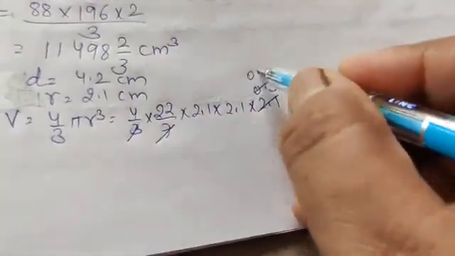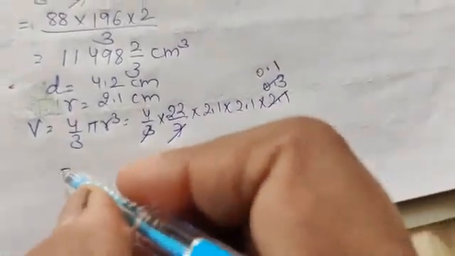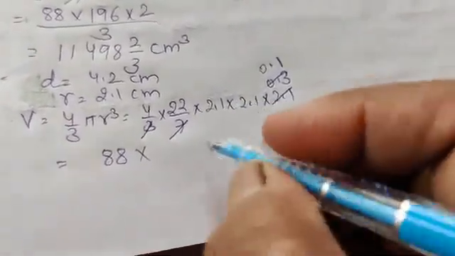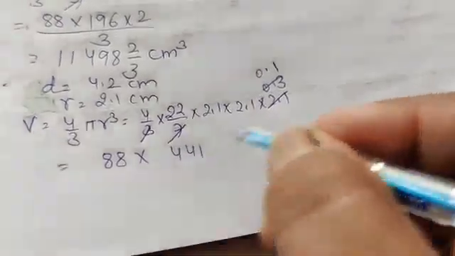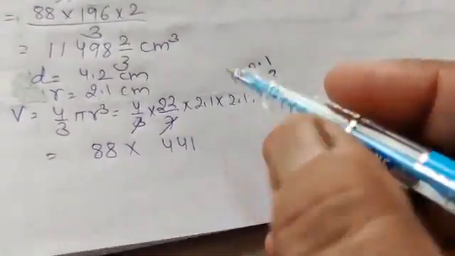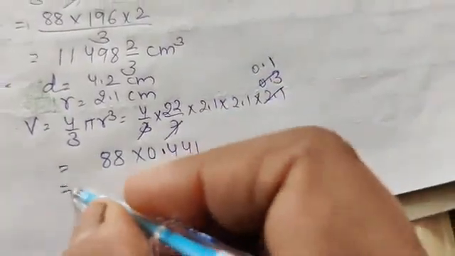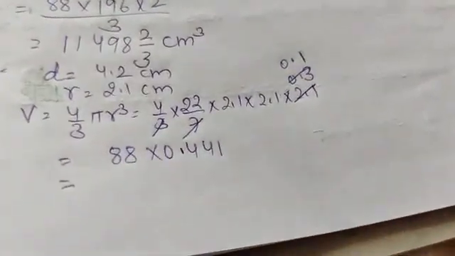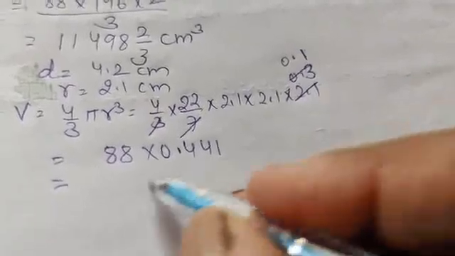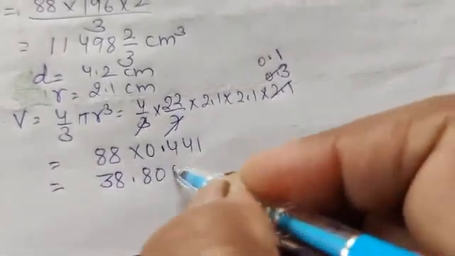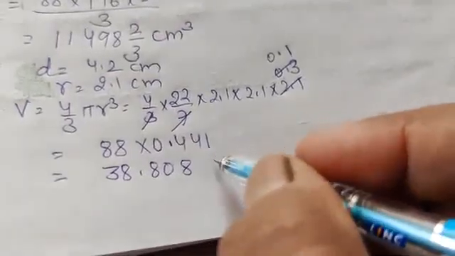0.1. 22 2 4 is 88 and square of 21 is 441. Now decimal place 1, 2 and 3. Now multiply 88 into 4.41 is 38.808 centimeter cube.